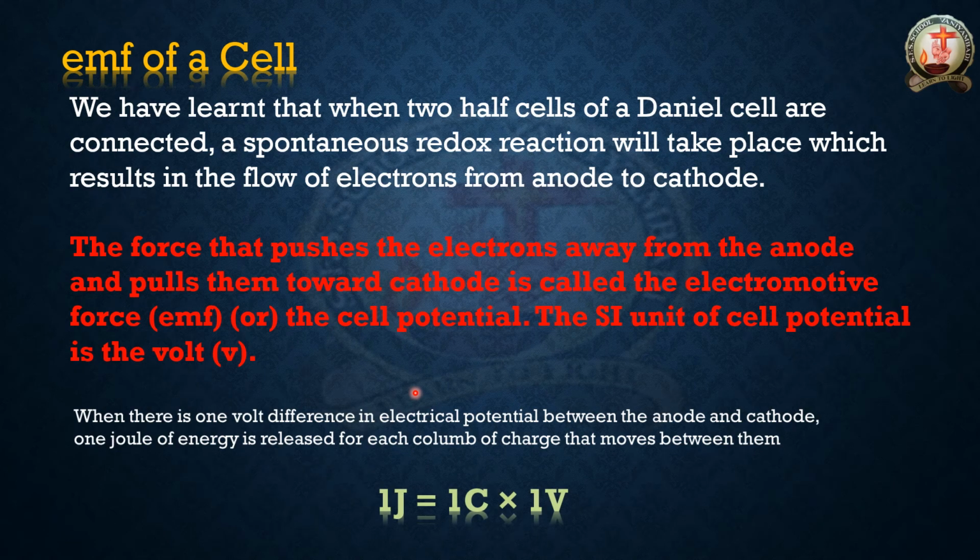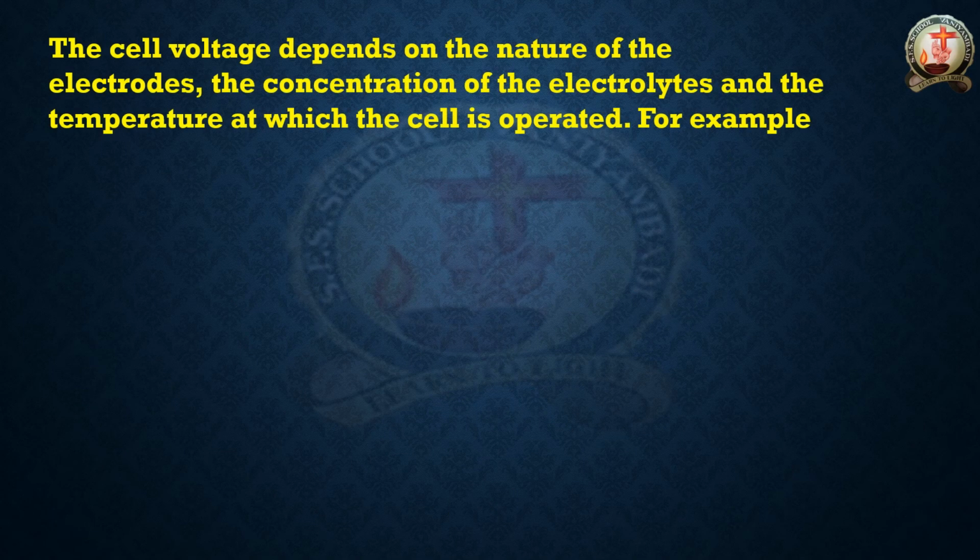1 J is equal to 1 C and 1 V. This is a very important equation. Sometimes they do not mention the 1 and simply write J equals C into V. So for your better understanding, I am applying here 1 J is equal to 1 C into 1 V. The cell voltage depends upon the nature of the electrode, the concentration of the electrolytes and the temperature at which the cell operates.